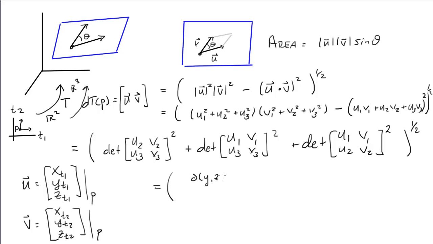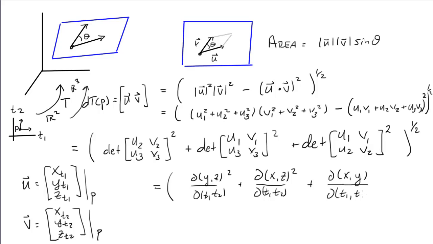So our surface area becomes the sum of the squares of the 2 by 2 Jacobians. But for R3, that was exactly the length of the normal vector.